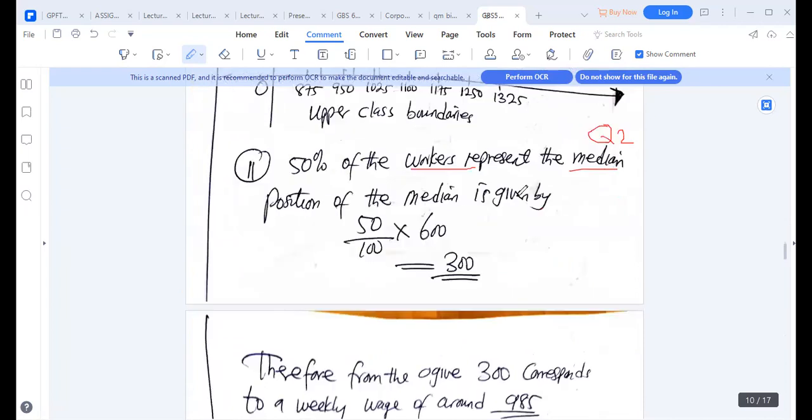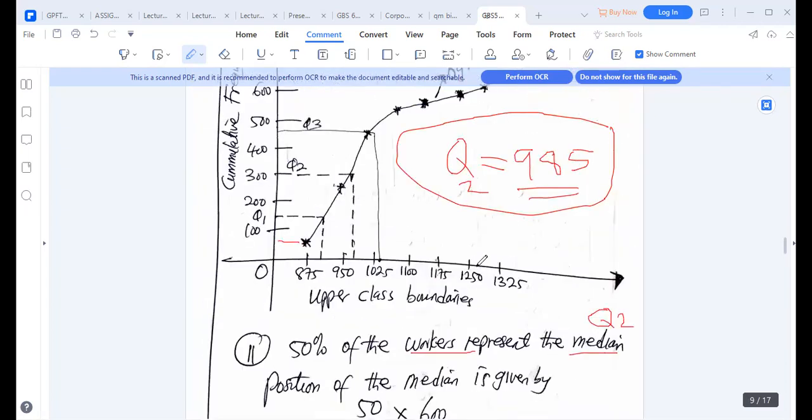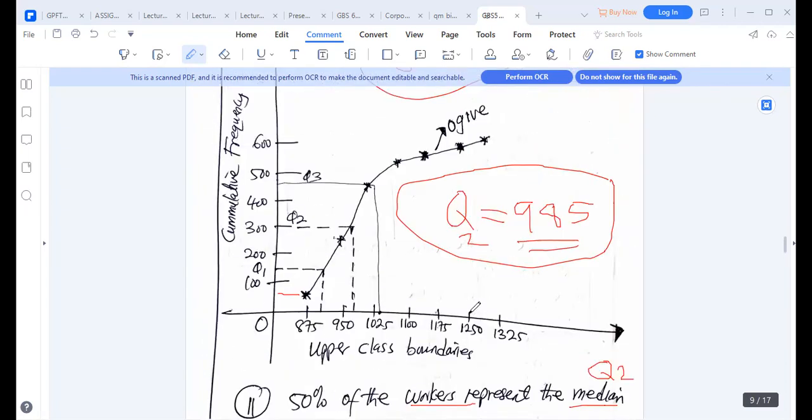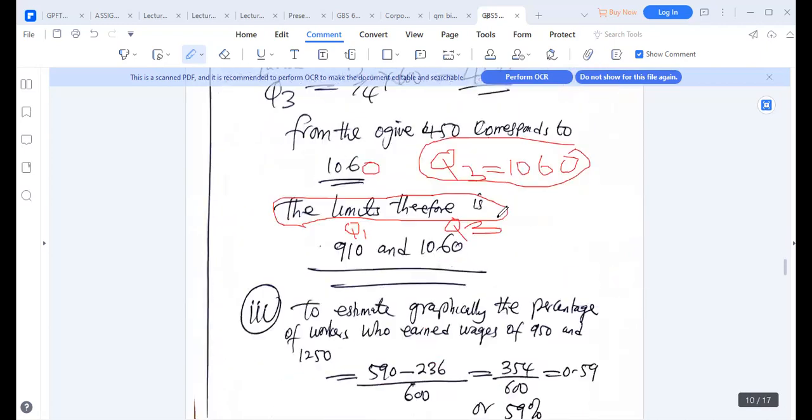So 590 for 1,250. Approximately, from the table here, we can simply locate this one as 590.